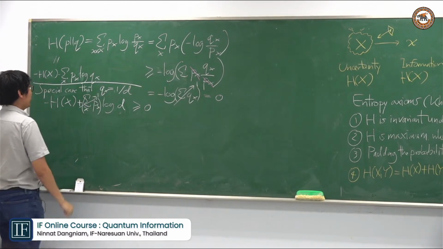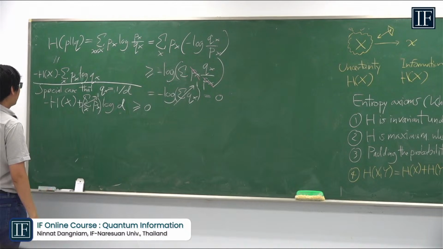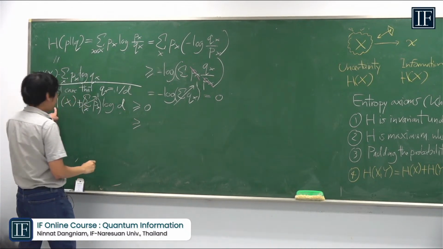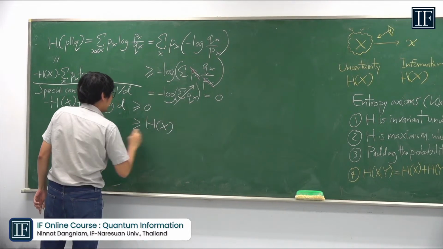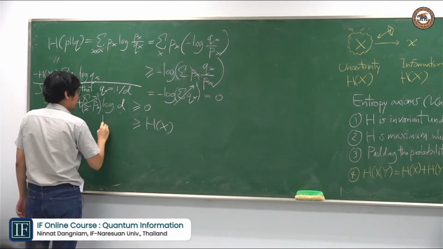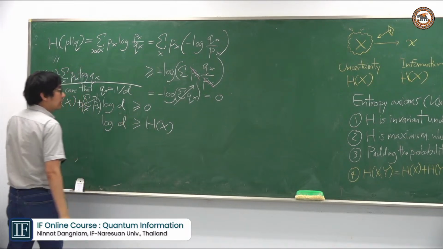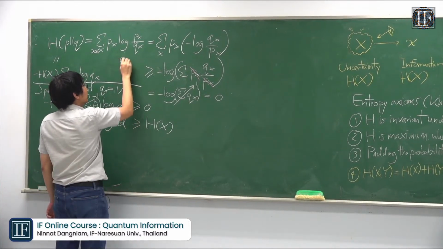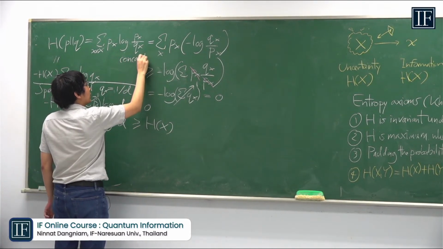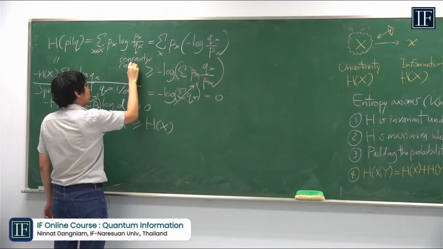And then this guy goes away, and if I move minus the entropy here, I get that it's upper bounded by log d. So here we somehow use concavity or convexity.